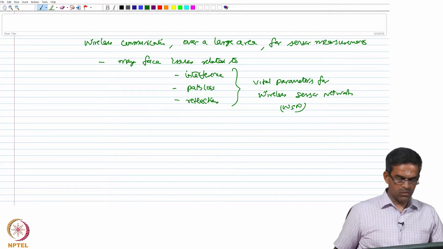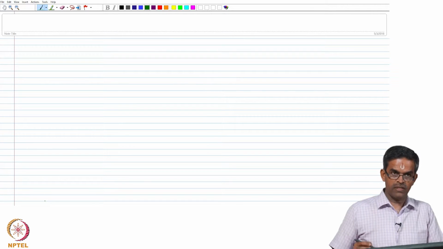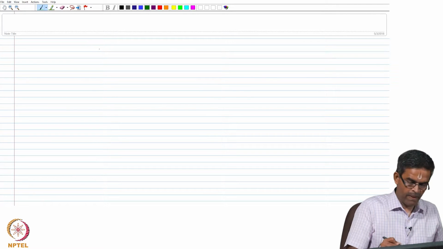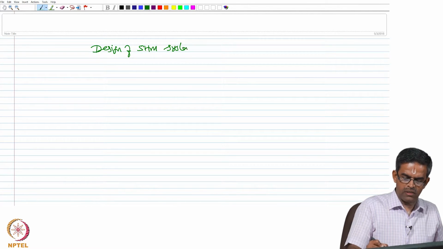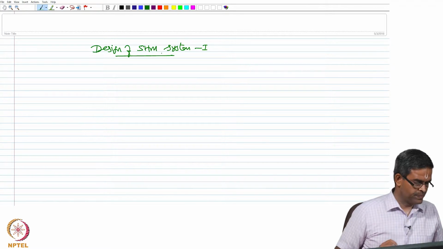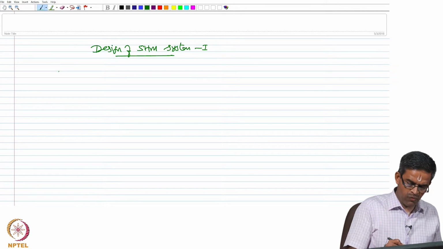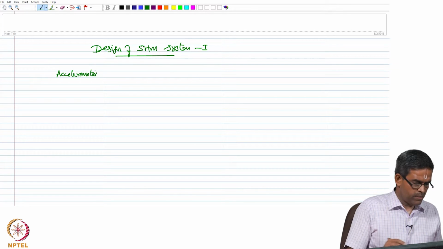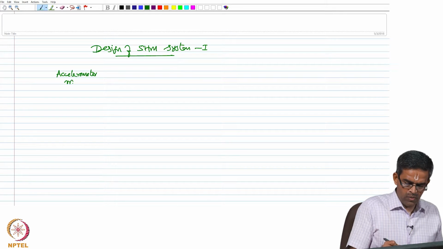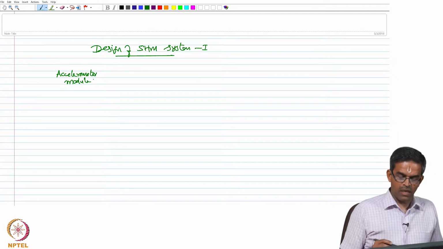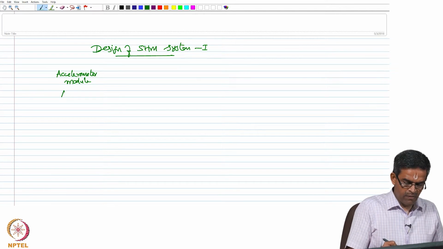Let us now talk about the design of the SHM layout. I will call this as system 1. The system 1 consists of accelerometer module, which essentially is a commercially available accelerometer, which is ADXL35.